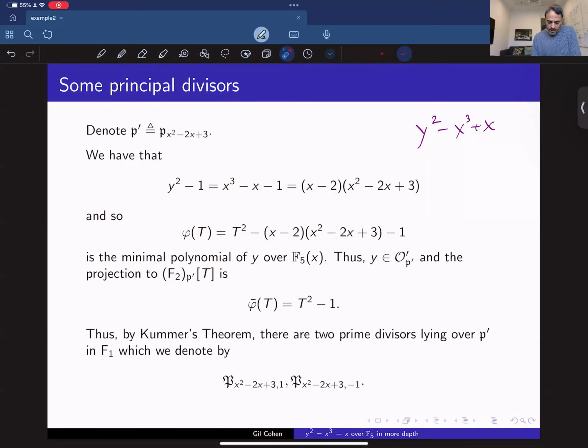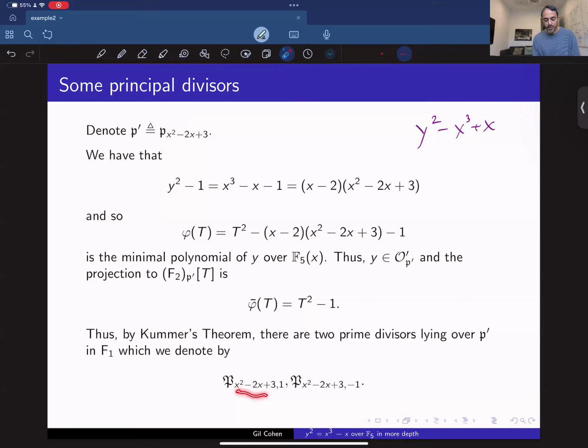Okay? And Kummer's theorem tells us, well, if you get t squared - 1, it's (t + 1)(t - 1). So there are two prime divisors lying above this prime divisor in F1 over F0. And per our usual notation, we write the first coordinate, but now it's not a coordinate, it's a polynomial, x minus 5, so I can't replace it by 5.